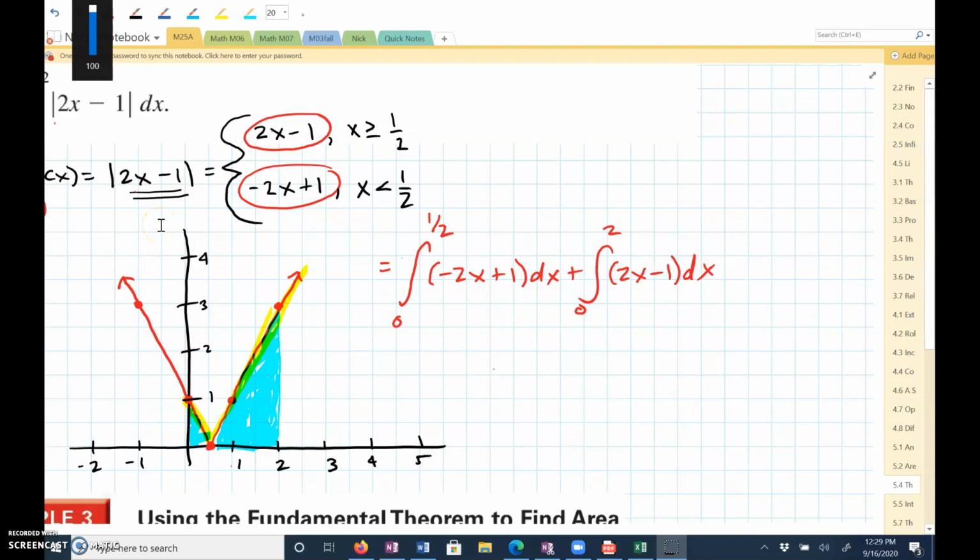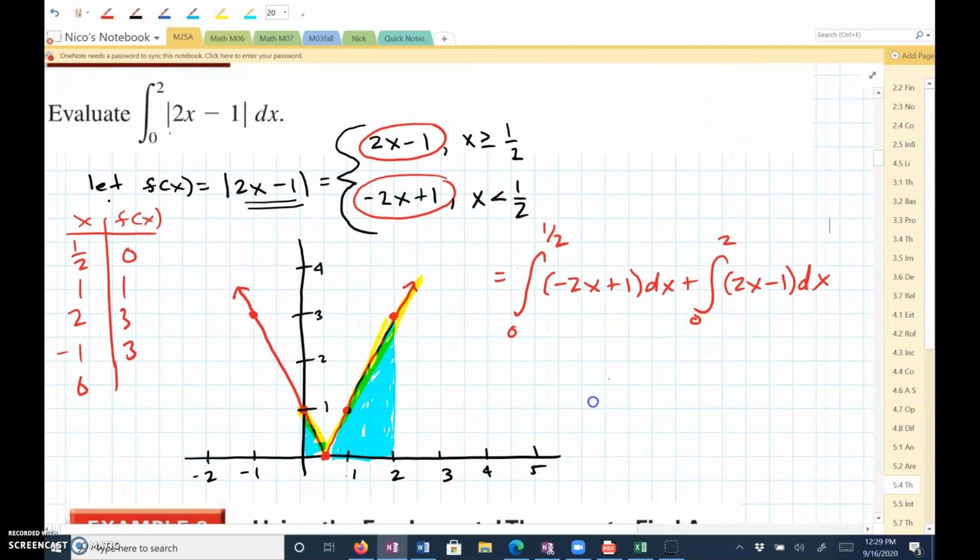Okay, we left off here on the last video. We broke this original integral up. We said let f of x equal the absolute value of 2x minus 1, which is really a piecewise function.